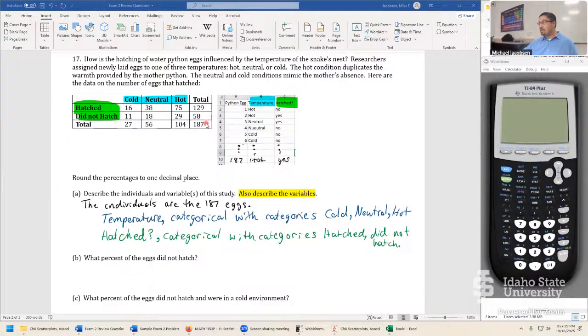The idea is, if you were to randomly select one of these 187 eggs, what is the probability the egg did not hatch? We're just going to write it as a percentage instead. When it says what percent of the eggs, we're talking about all of them, 187. So that would be the denominator in this case. And we'll see what the numerator ought to be.